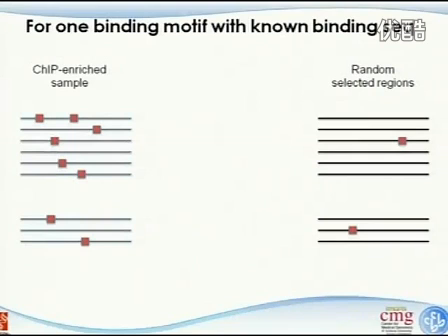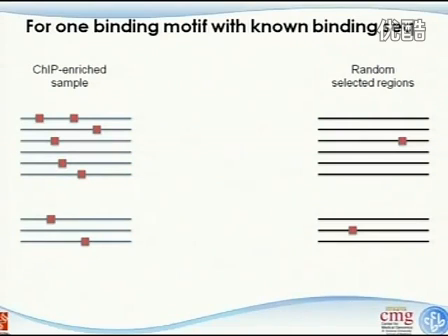Let me give you an example. I worked this out last night, and hope it still works. You can see one binding motif with known binding sequences. We have 1,000 of those, but let's try this one by one and focus on the first one first. These are the DNA fragments for the ChIP enriched sample, and these are sequences that I randomly selected from somewhere in the genome.